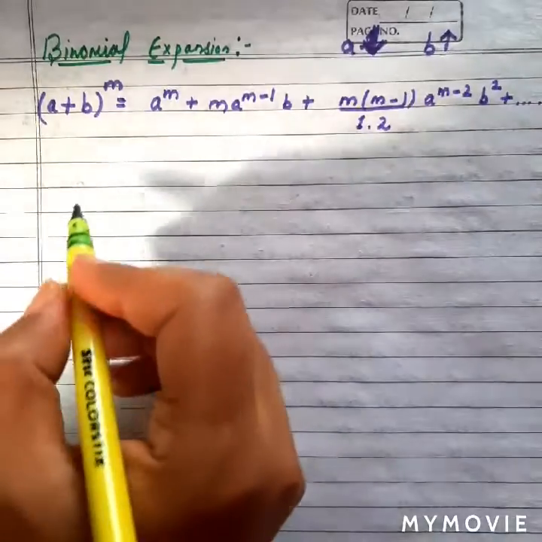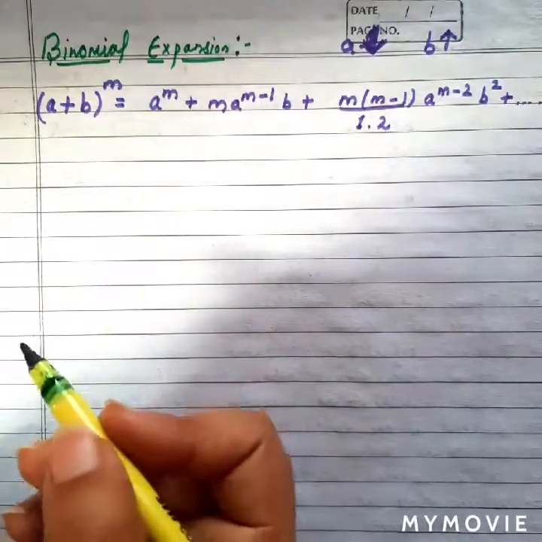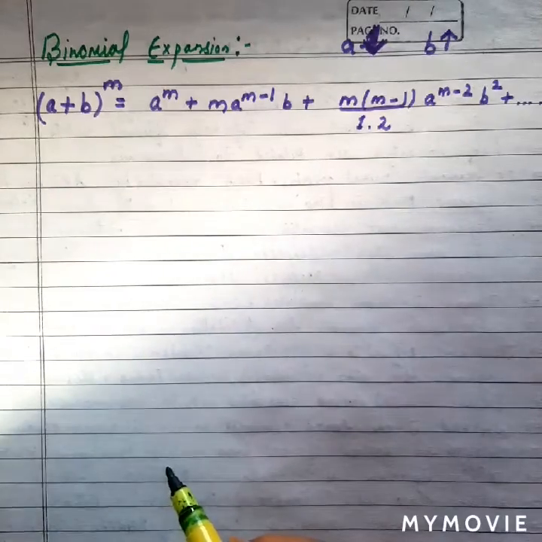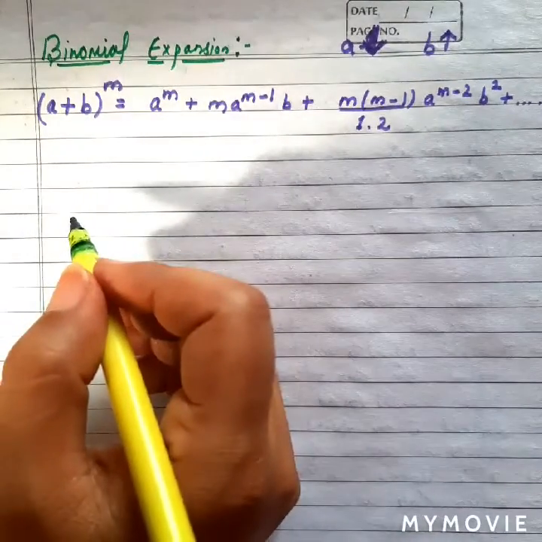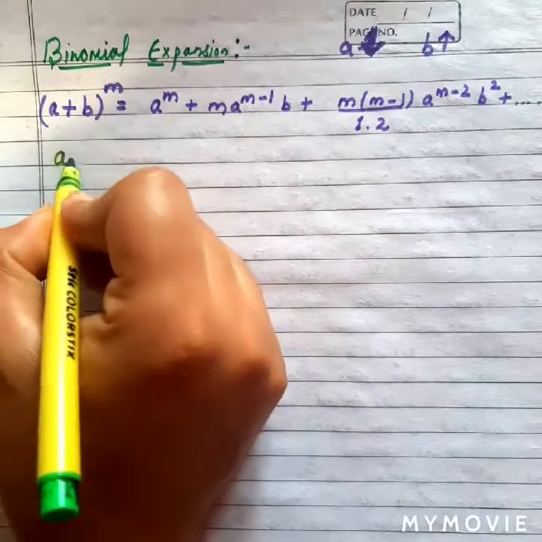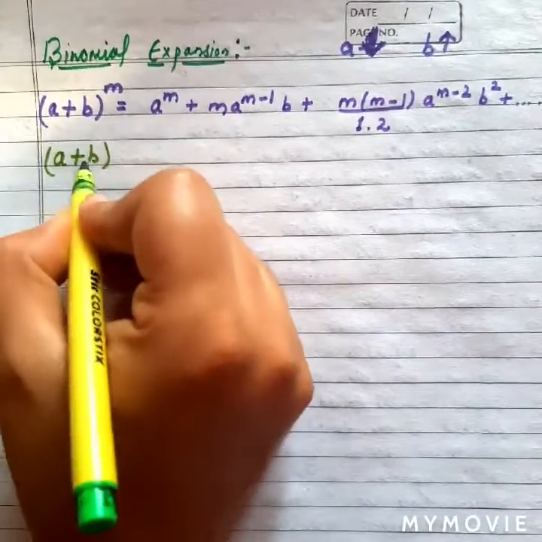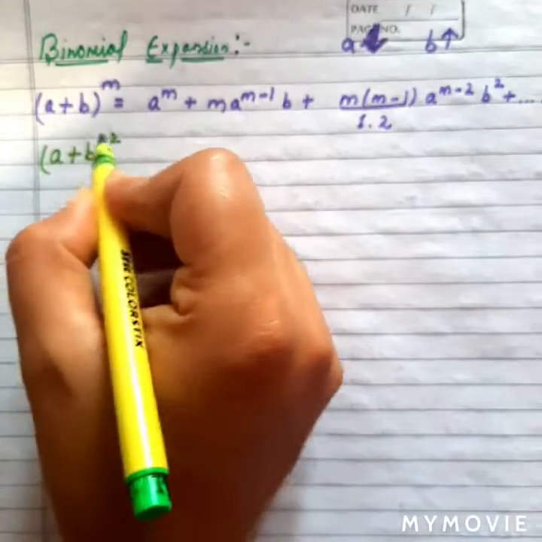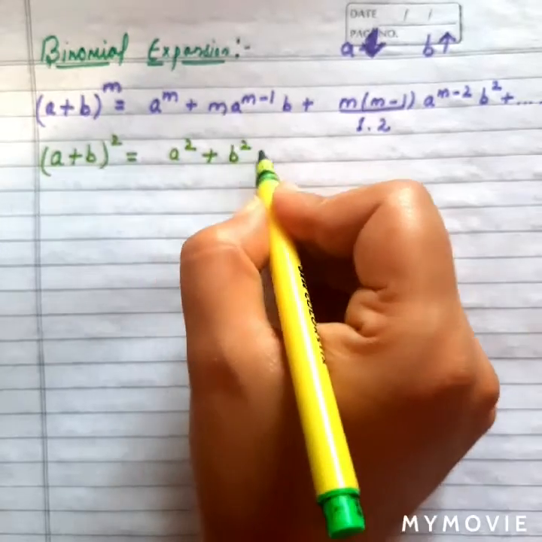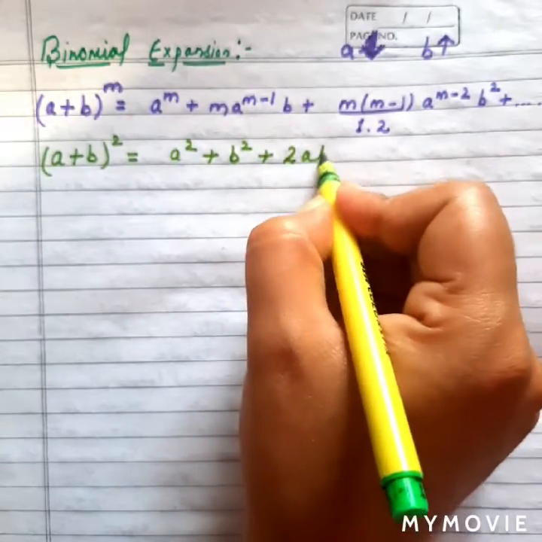First of all, I will take a useful formula that is used by students most of the time in school, and I just want to prove it here. (a + b) raised to power 2, (a + b) whole square, is equal to a square plus b square plus 2ab.